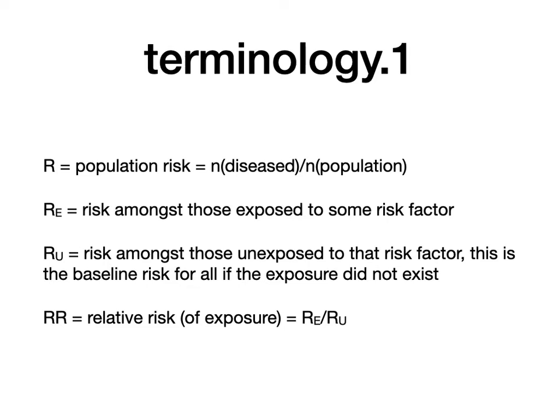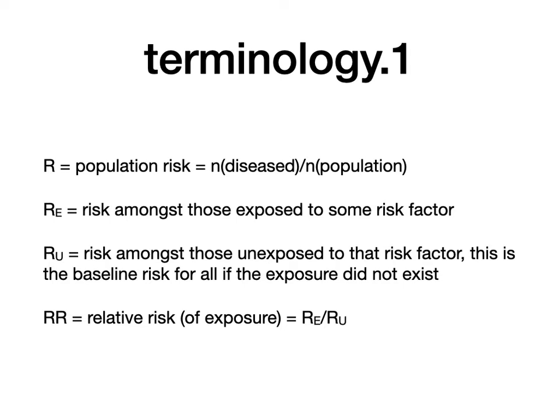That is the risk of the outcome that you're worried about amongst those who have been exposed to the risk factor. You're also interested in the risk amongst those who have not been exposed to that risk factor. That is arguably more important because that tells you what the baseline risk is for everybody if the exposure didn't exist.